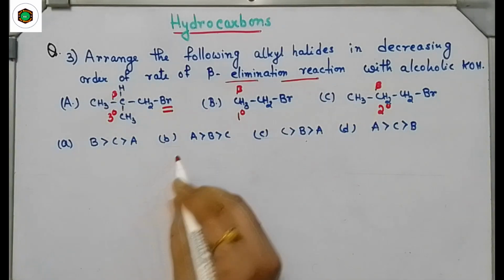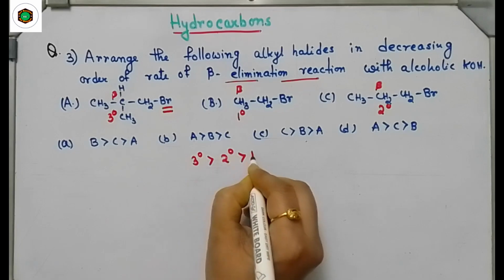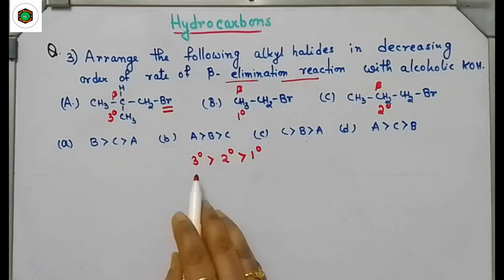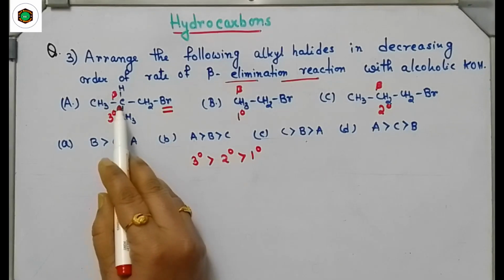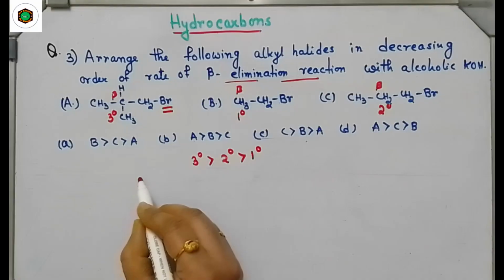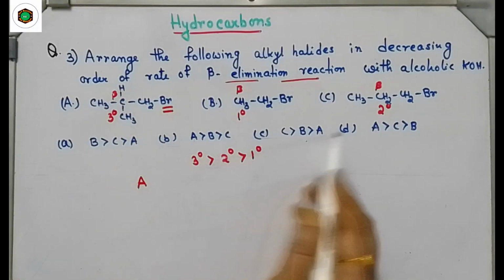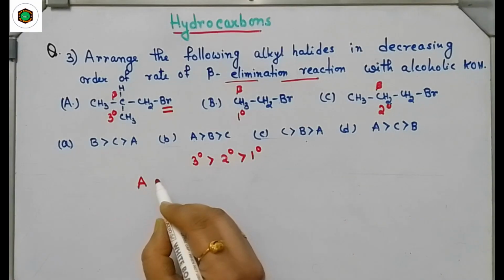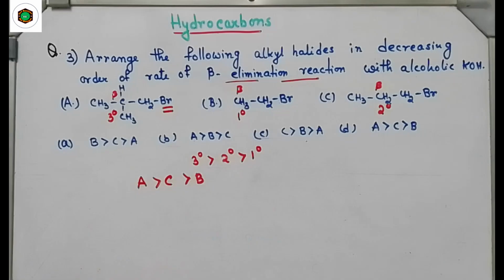And for E2 elimination reaction we know rate of reaction is like this, from where beta hydrogen will be eliminated. So from here beta hydrogen will be eliminated at a much faster rate because this is tertiary hydrogen, and next will be this secondary, means C. After that B. So option D is your answer.